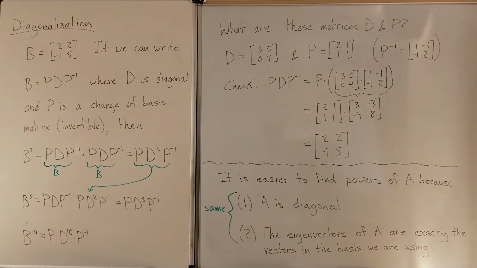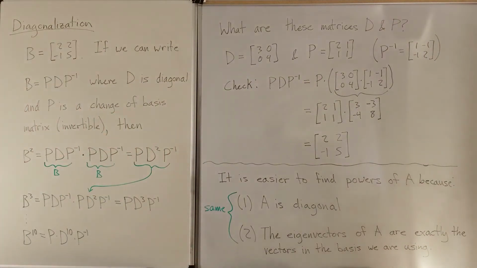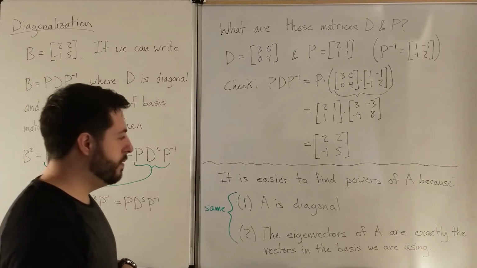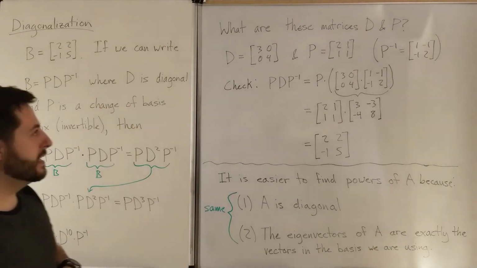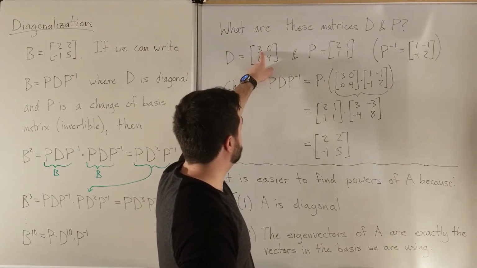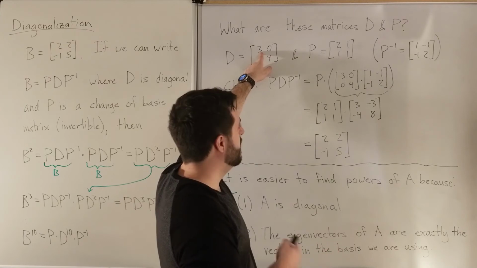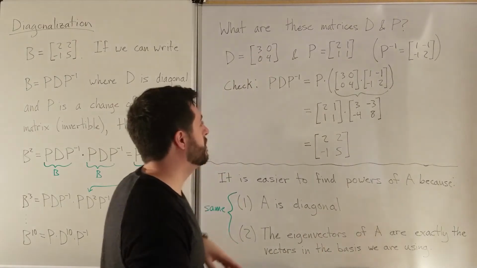Now how do you find P? Well, the goal, in order to actually use this diagonal matrix, is to switch to this eigenbasis. So we want to think about this as a basis of eigenvectors, and the part of D that, say, multiplies something by 3, the something has to be the eigenvector corresponding to lambda equals 3.